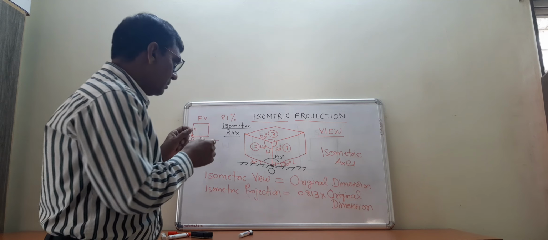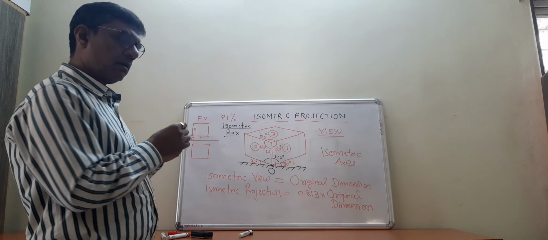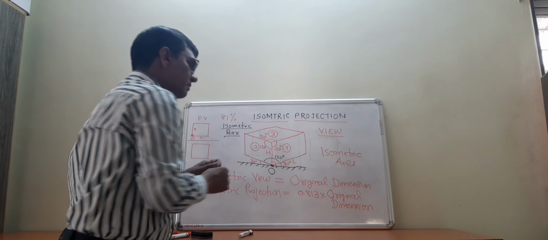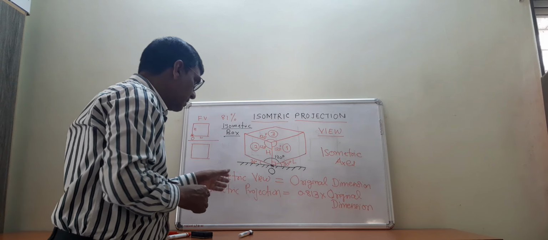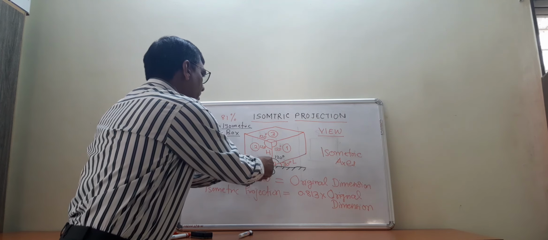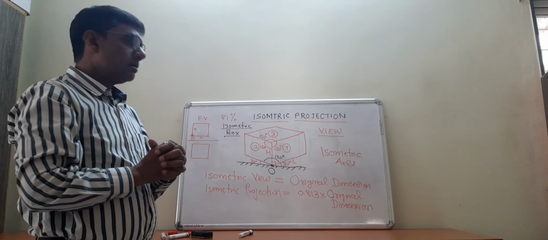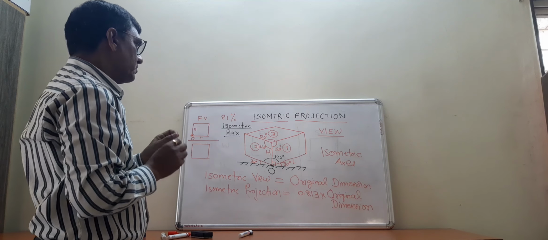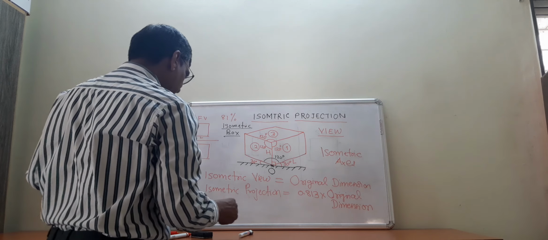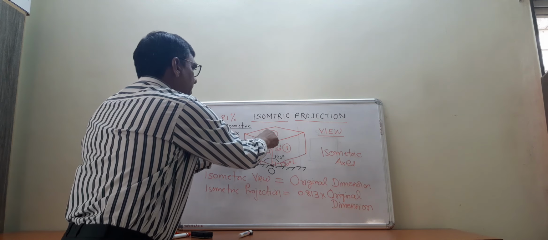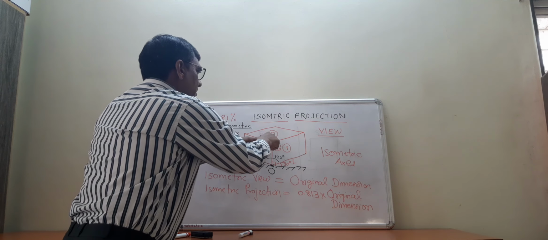And from the origin, two lines come out at an angle of 30 degree, one on the right and one on the left, and a third line comes out from the origin at the center, which represents the height of the component.